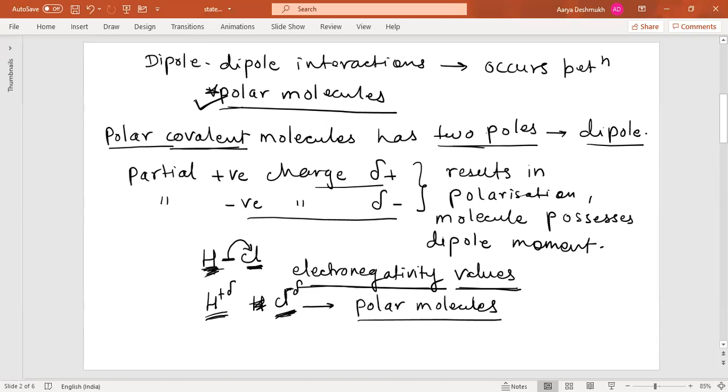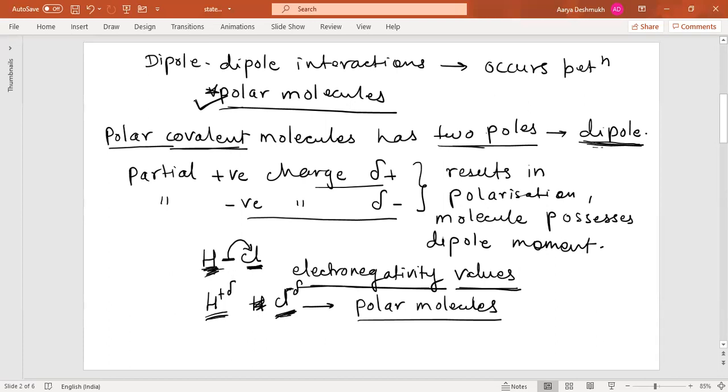If they have comparable electronegativity values, they won't be polar. Rather, they will impart a very little polar character, meaning they will not be able to form a dipole easily. And if they don't form a dipole easily, they won't be called a polar molecule.